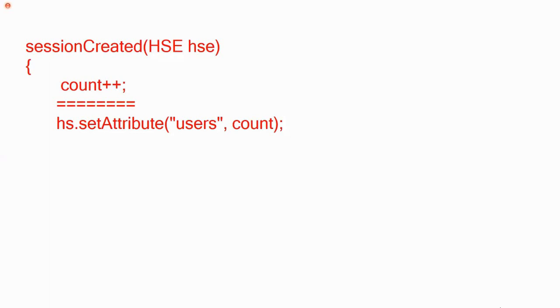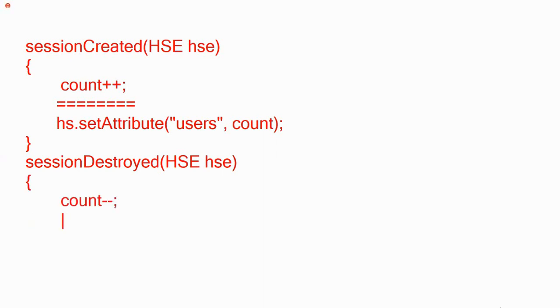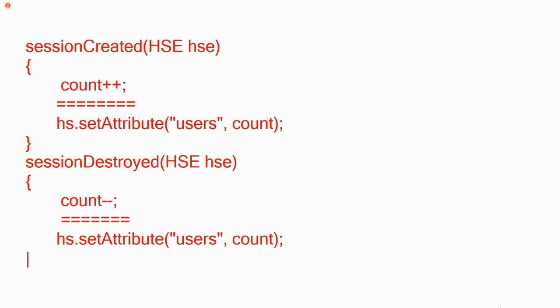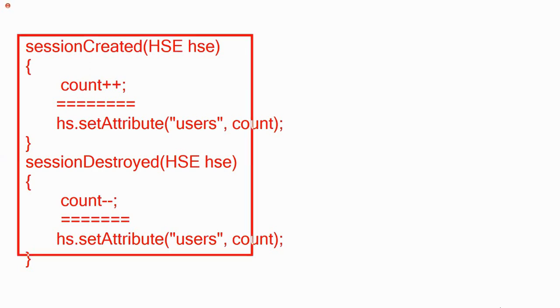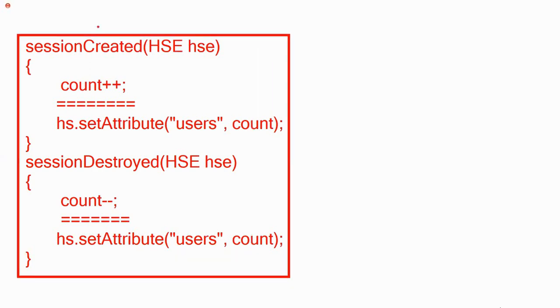Here sessionDestroyed. HTTP session event HSE. Now here count minus minus. Here we have to write some other code to get the session. HS dot set attribute. We have to modify the value, no? Users count. Now it is the listener. Okay, it is my listener.java.